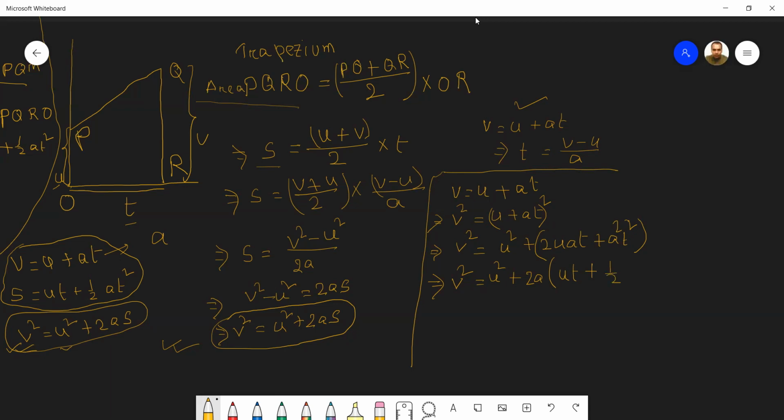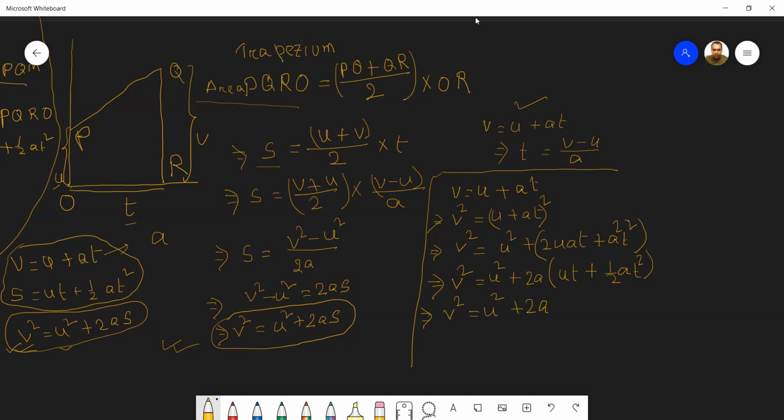A square, so here there is only one A, so half multiplied by A T square. So what we get finally is V square equal to U square plus twice A multiplied by UT plus half A T square.